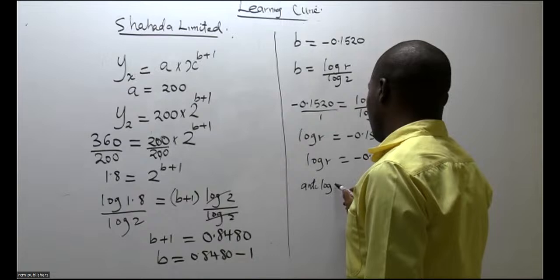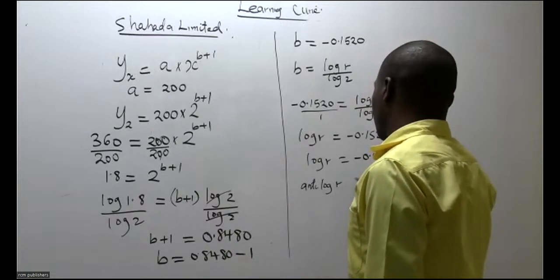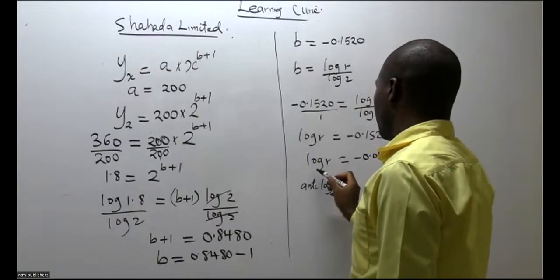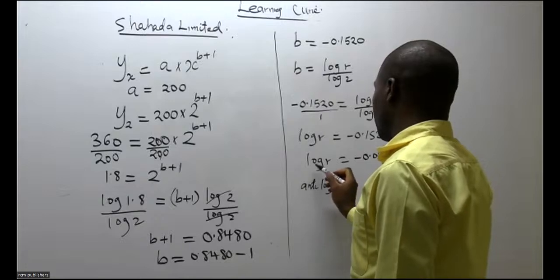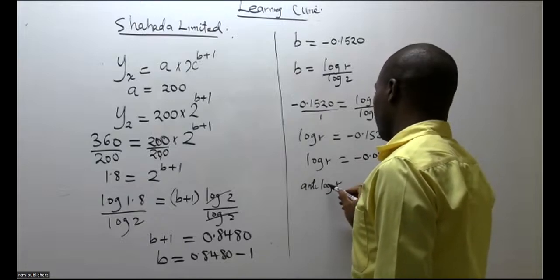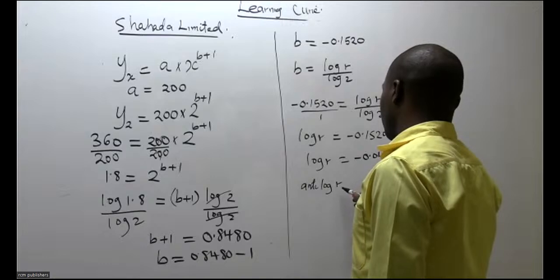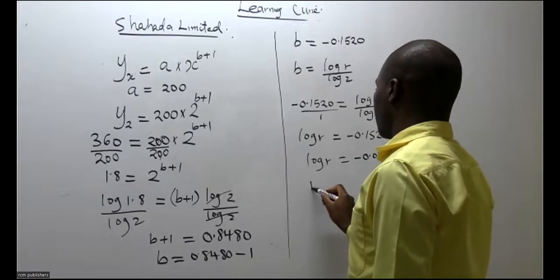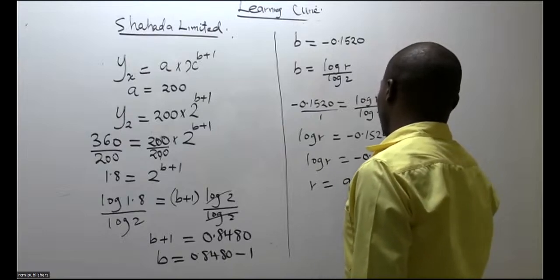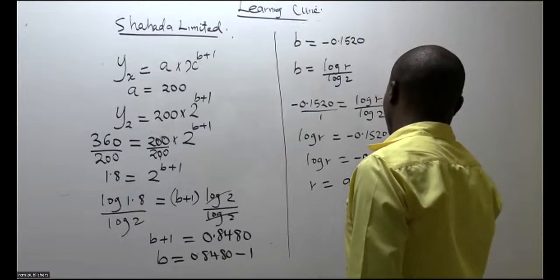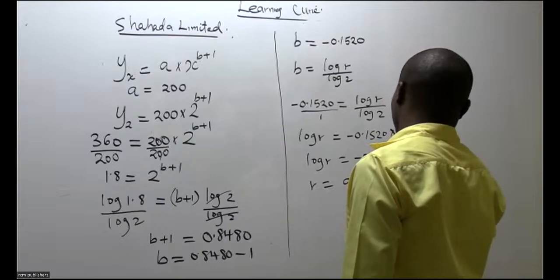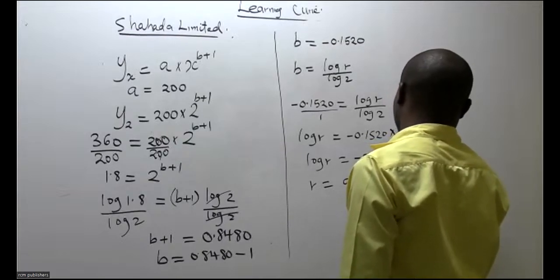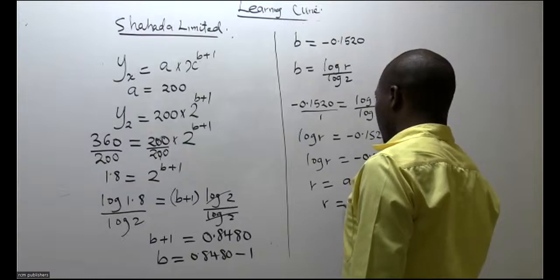So divide both sides by the anti-log, and you'll be able to get your R. Anti-log of this, or R, is equivalent to anti-log of negative 0.04576. So what will be the value of R?